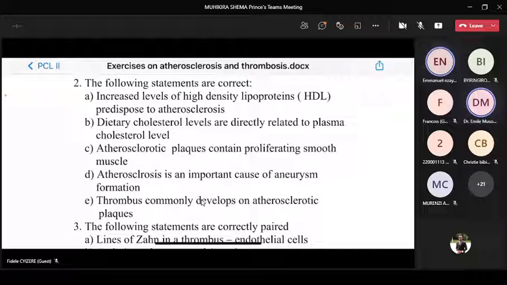It is the formation of a blood clot. And the atherosclerotic plaque can also cause a blood clot. Okay.